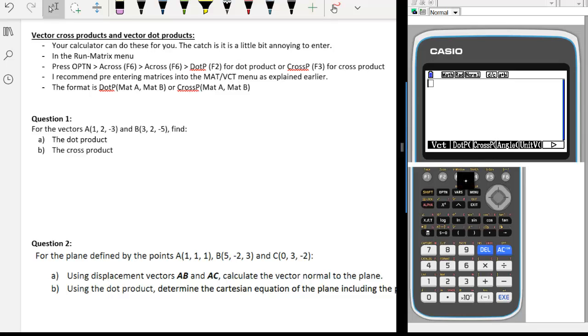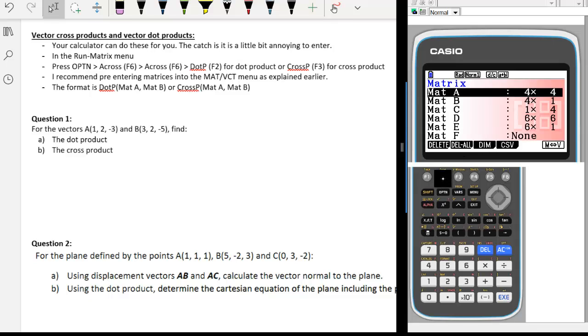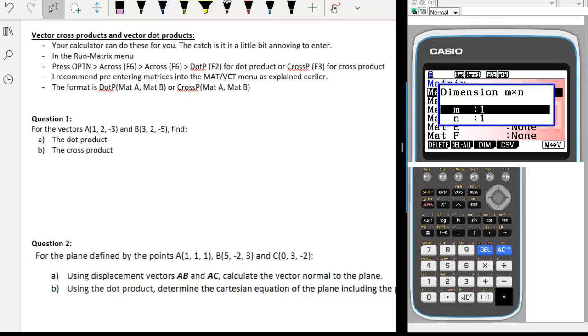Now I recommend, when you're doing this, we go back into our matrix vectors. I'm just going to delete these all now. And let's say for vector A, which is 1, 2, and -3, I want to add a 3 by 1 matrix.